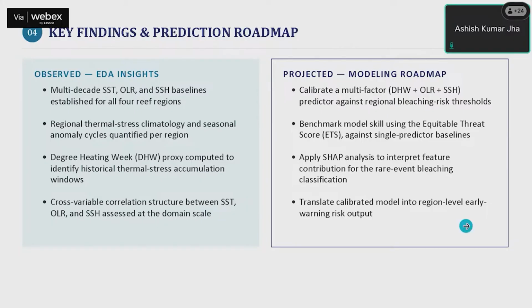I'm still trying to figure out what we can use instead, because the main goal was trying to predict at a resolution of, let's say, 5 kilometers, in which we can give a risk score for how risky it is for that region, the bleaching part.